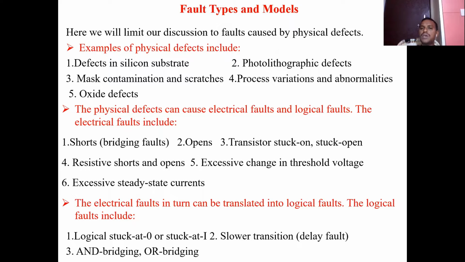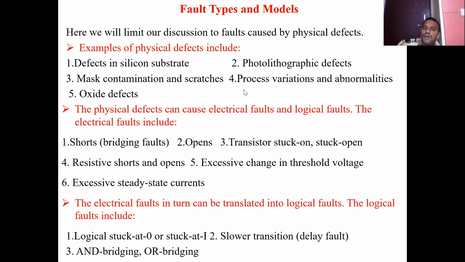Suppose it is an NMOS transistor, and I have to form the source, drain and gate terminals. I first identify where to place the source and drain. After identification, I do the photolithographic process: we use the photoresist and expose it to UV light.